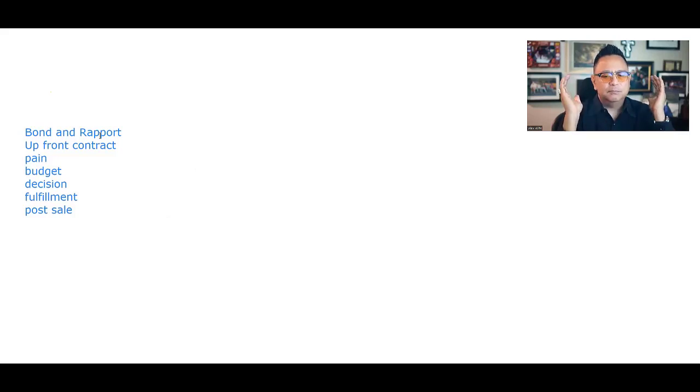So the mortgage protection process is no different in terms of what you talk to your client about through the process. The only difference is really what we show them, the proposal, right? So there's kind of the basics of proposing mortgage protection.